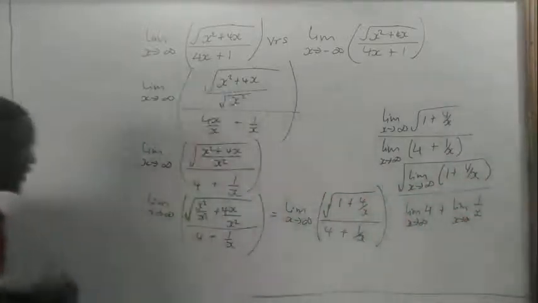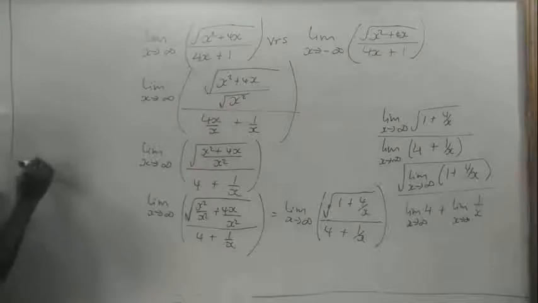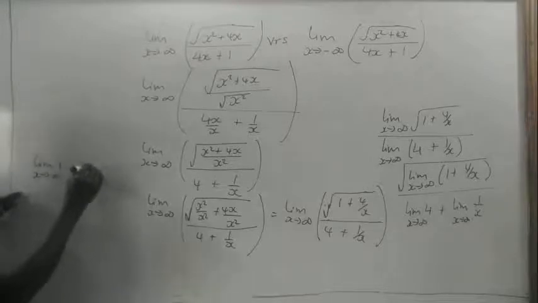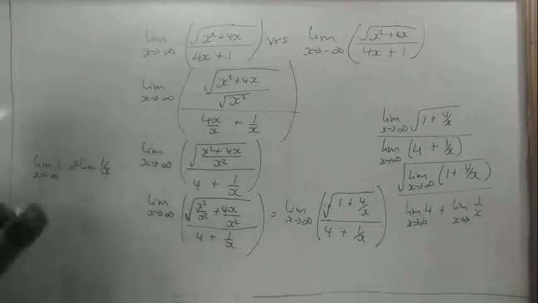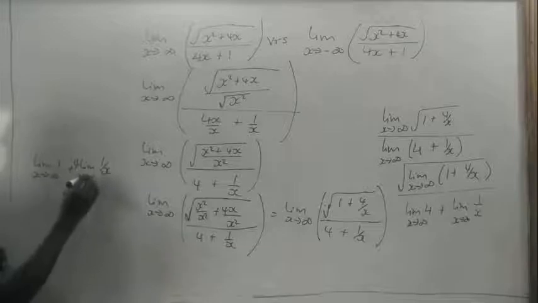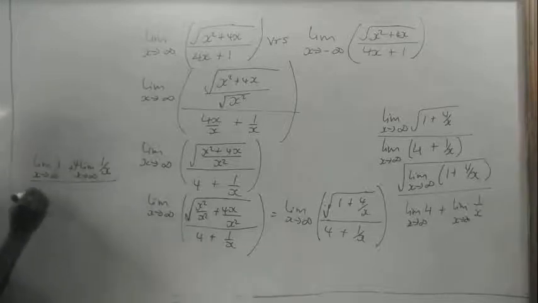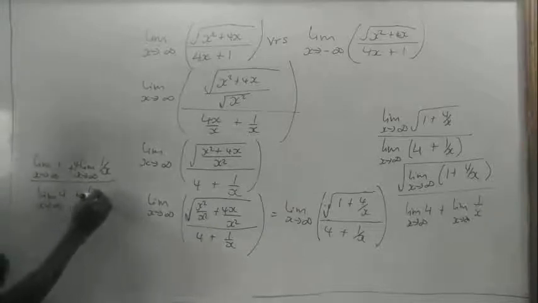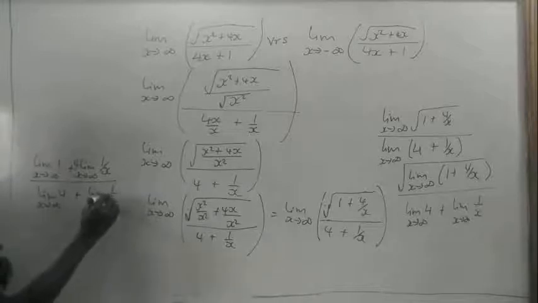We are going to get the limit of 1 as x approaches infinity plus the limit of 4 divided by x. 4 is a constant, so we can factorize the 4 out, all divided by the limit of 4 as x approaches infinity plus the limit of 1 divided by x as x approaches infinity.